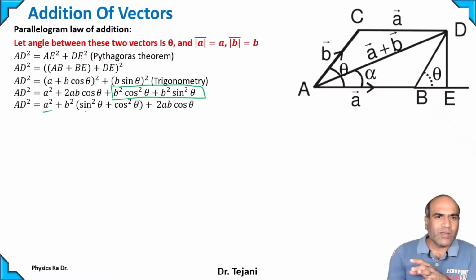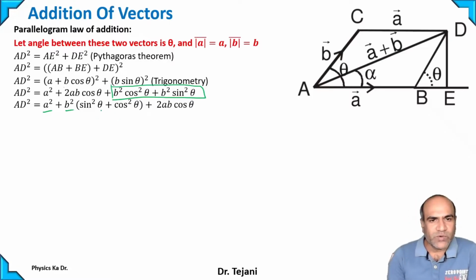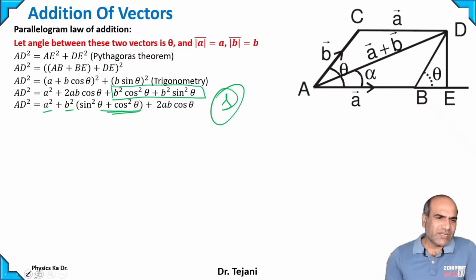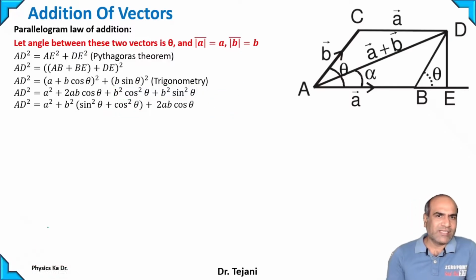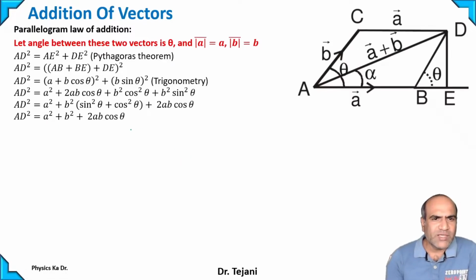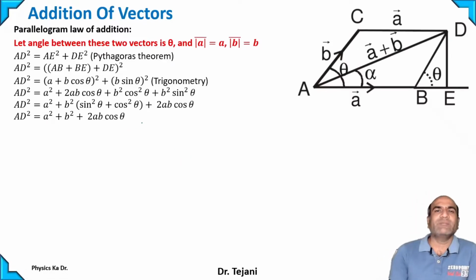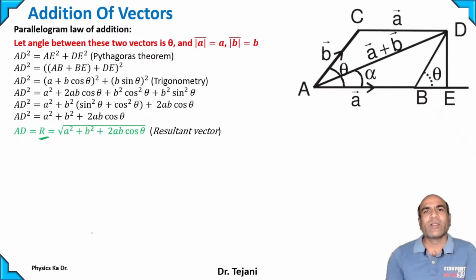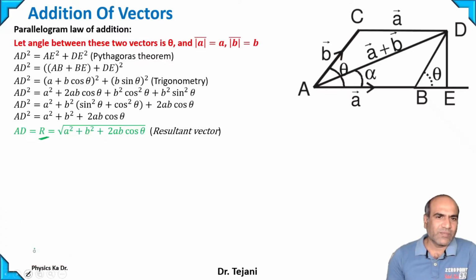We can take B square as common: B square into sin square theta plus cos square theta. What is this? It is 1. Sin square theta plus cos square theta is 1, it is well known. So it becomes A square plus B square plus 2AB cos theta, and therefore AD, the resultant R, is equal to the square root of A square plus B square plus 2AB cos theta.